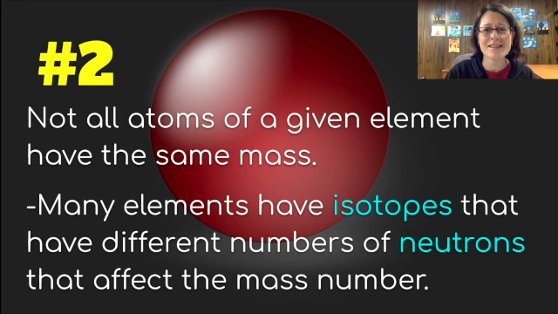And the second thing that we have found that is wrong is that not all atoms of a given element have the same mass. Many elements have what we call isotopes that have different numbers of neutrons that affect the mass number. Neutrons are one of those smaller particles that make up the atom.